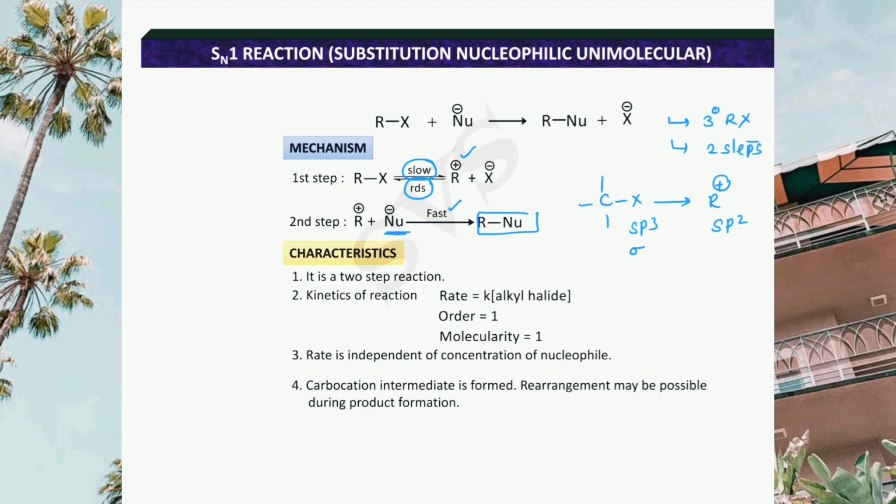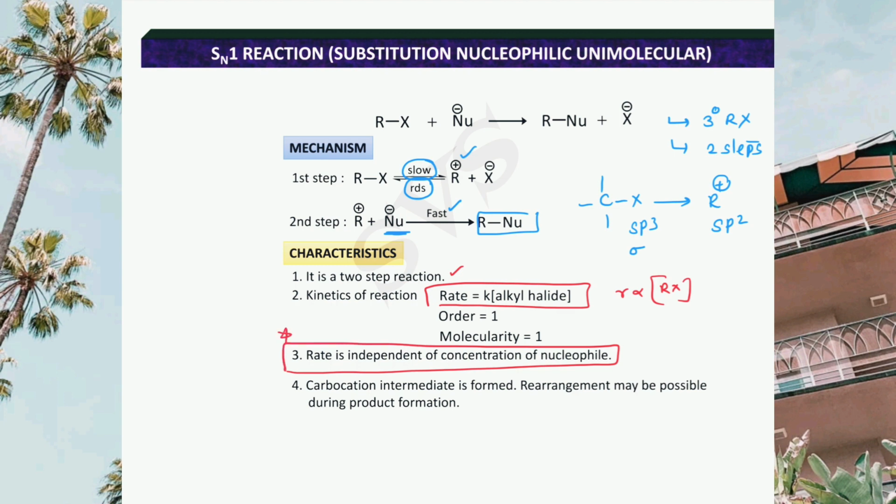So what are the properties, characteristics of SN1? The mechanism takes place in two steps. And very, very important, the rate is directly proportional to only the concentration of alkyl halide, and the rate does not depend on the concentration of nucleophile. This is very, very important.